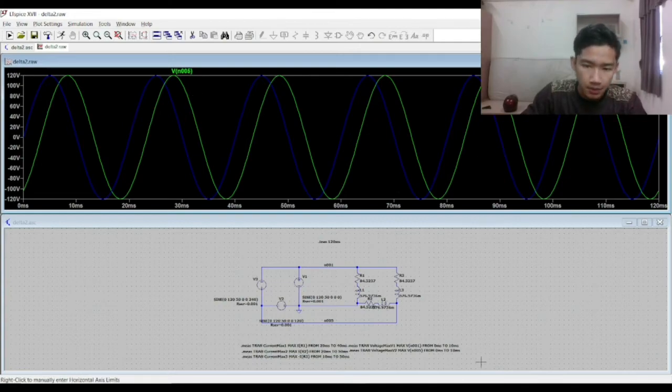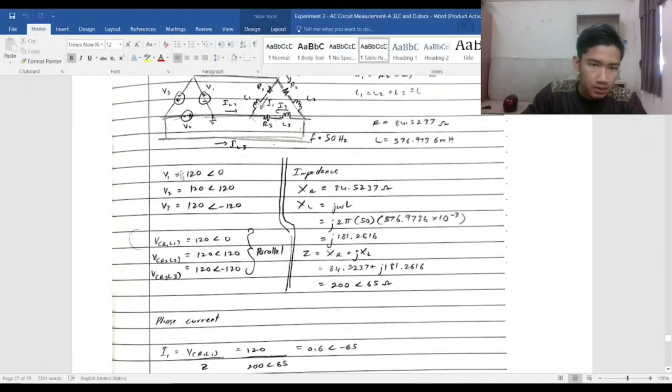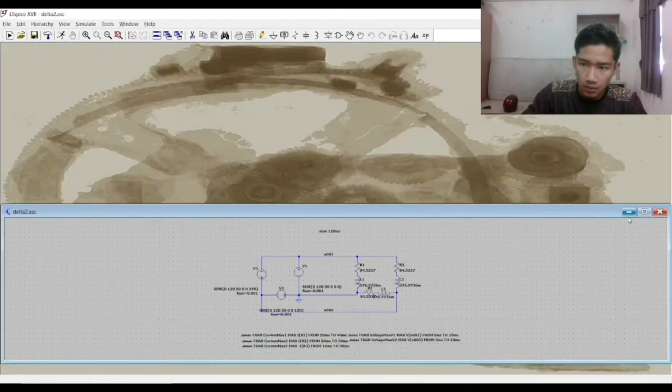So if we go to the manual calculation, you can see that this is the max voltage. One of it is not shown in the graph due to the grounding right here.